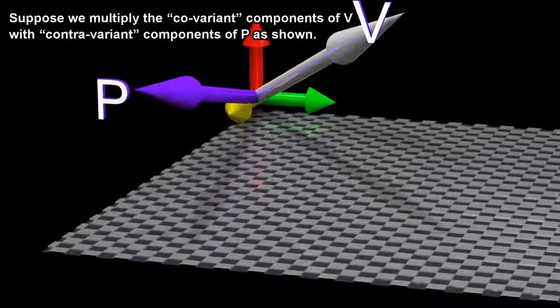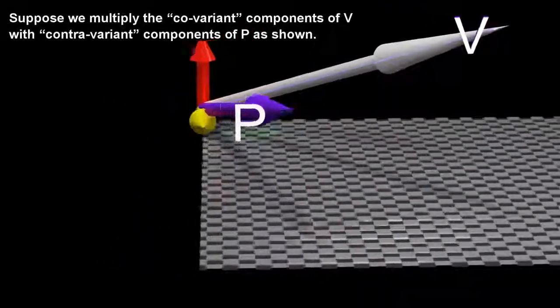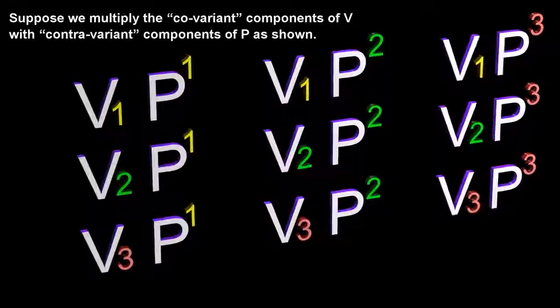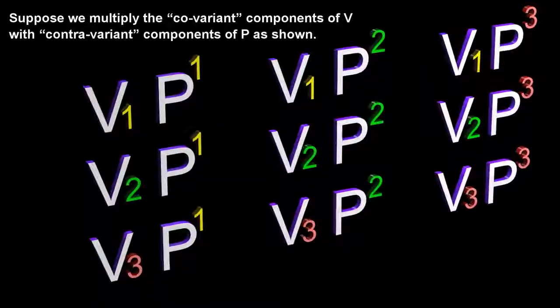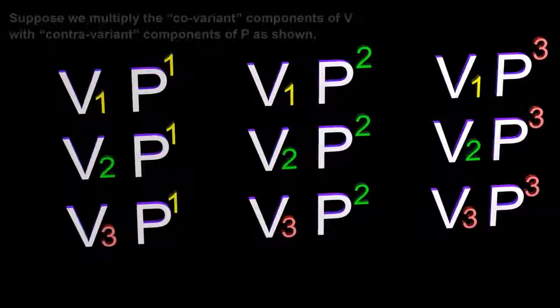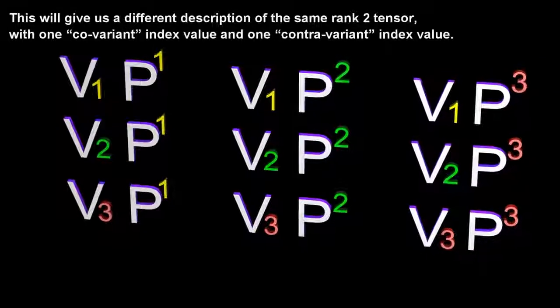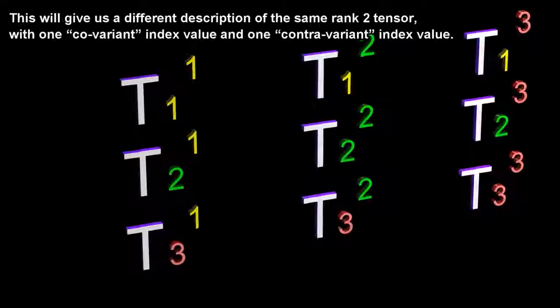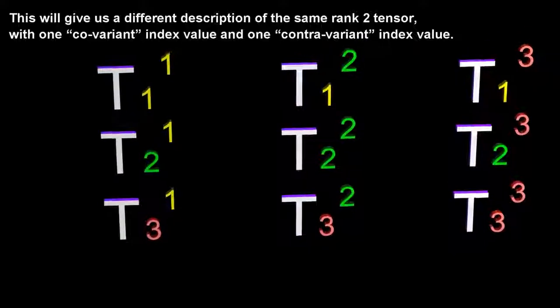Suppose we multiply the covariant components of V with the contravariant components of P as shown. This will give us a different description of the same rank 2 tensor, with one covariant index value and one contravariant index value.